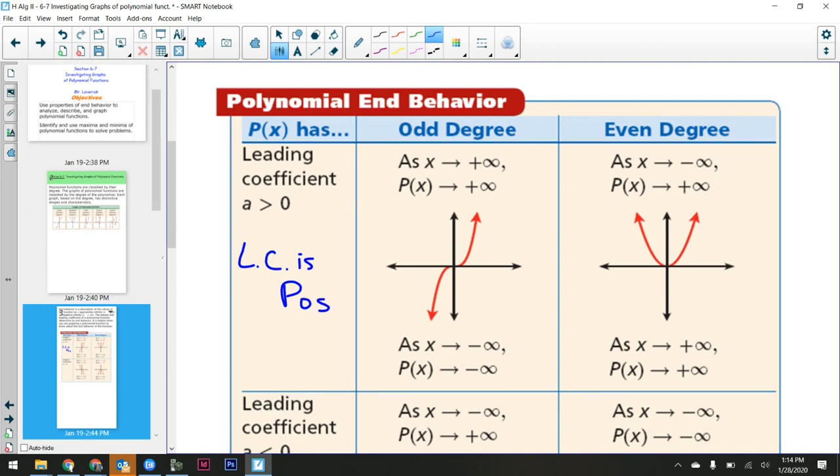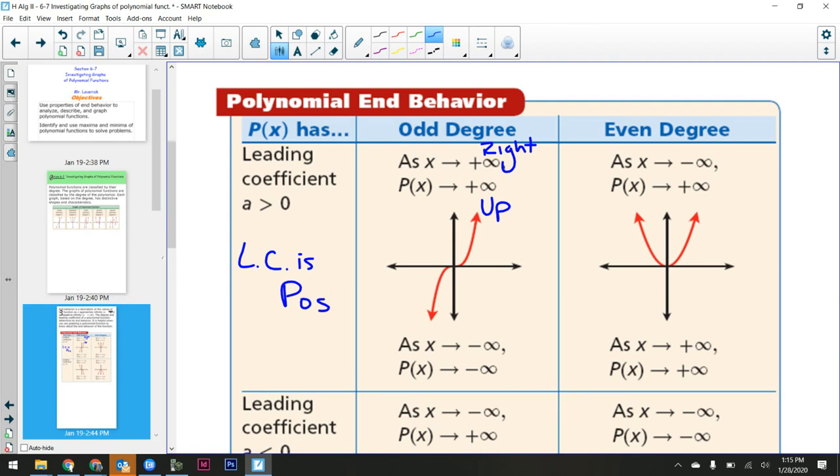So on the right, the function p of x approaches positive infinity. Now, isn't p of x just another fancy way to say y? The y values also go up. It increases. So on the right, it goes up.